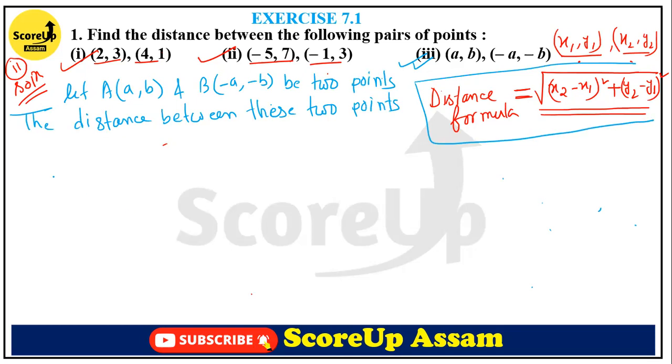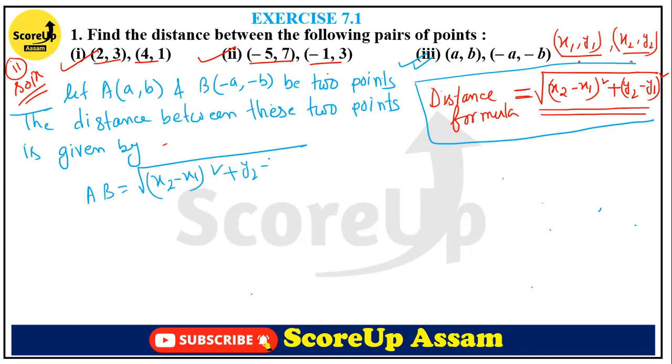Don't write it here. The distance between points is given by AB is equal to the square root of (x2 minus x1) whole square plus (y2 minus y1) whole square.